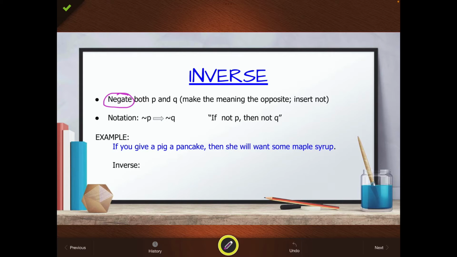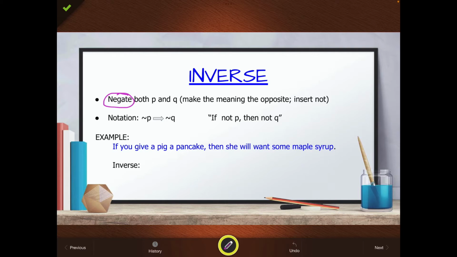Okay, so in other words, if you say it is sunny, to negate that, you want it to mean the opposite. So you would say it is not sunny. If you wanted to negate I'm not happy, the opposite of I'm not happy is I am happy.